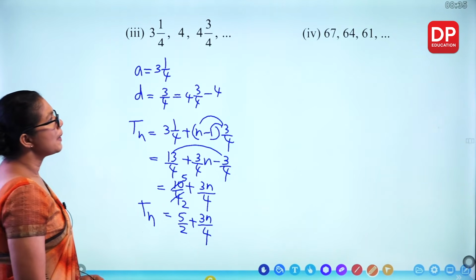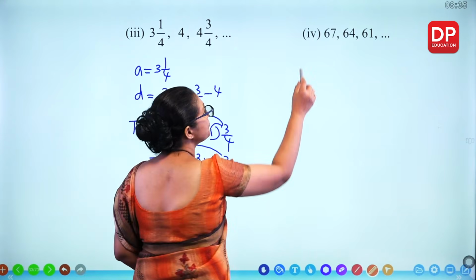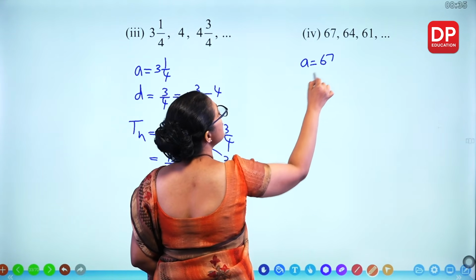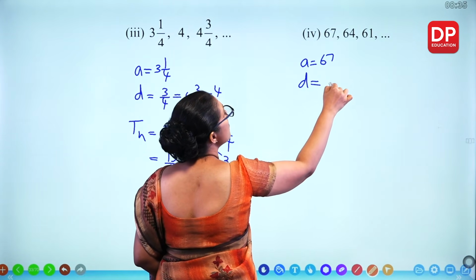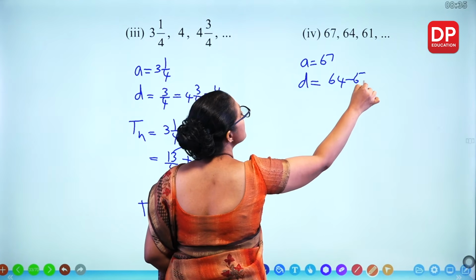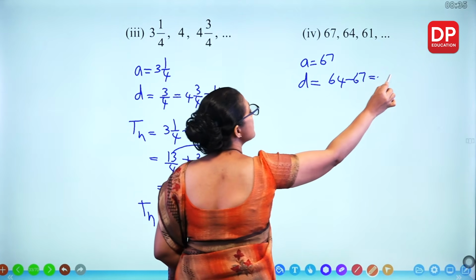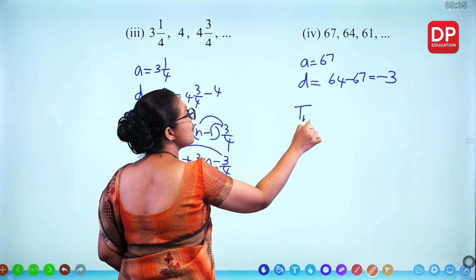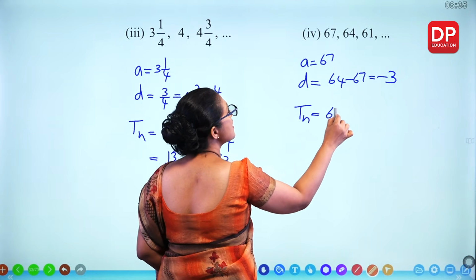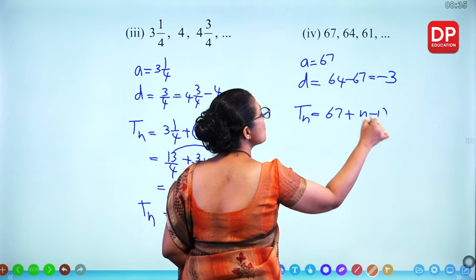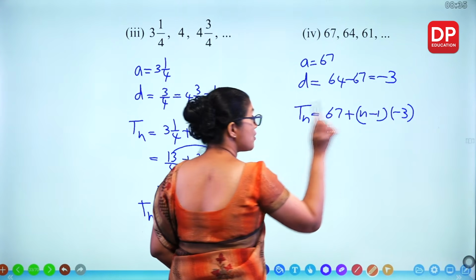This one, A is 67. D, 64 minus 67 is minus 3. Now find out the nth term. First term plus n minus 1 d. Here put brackets.